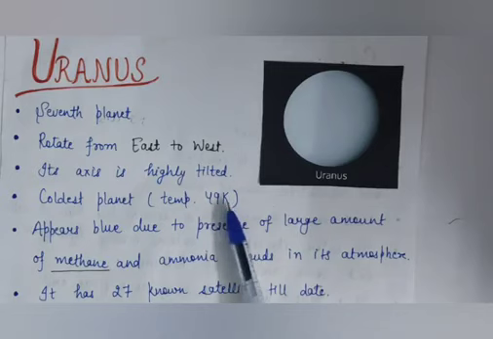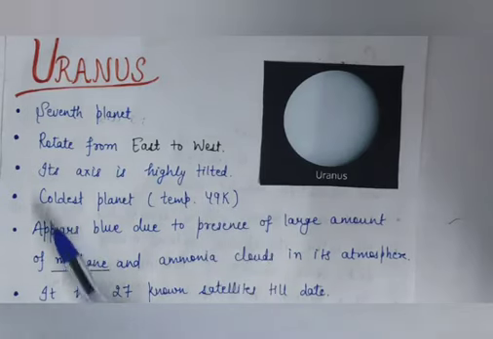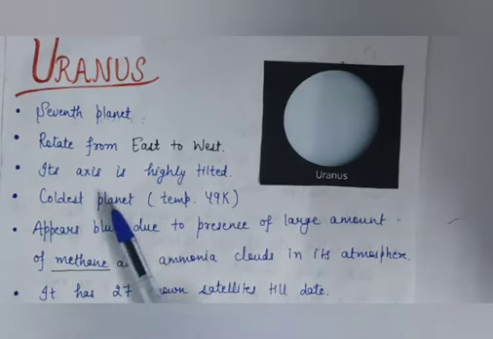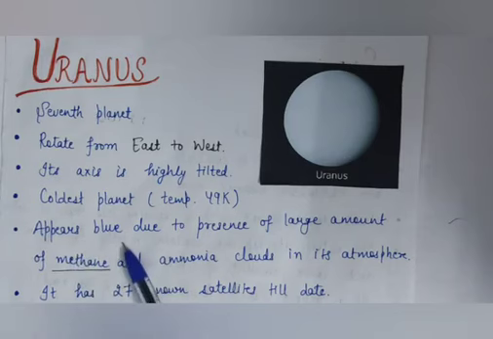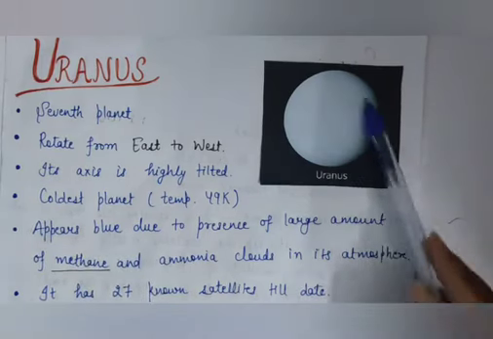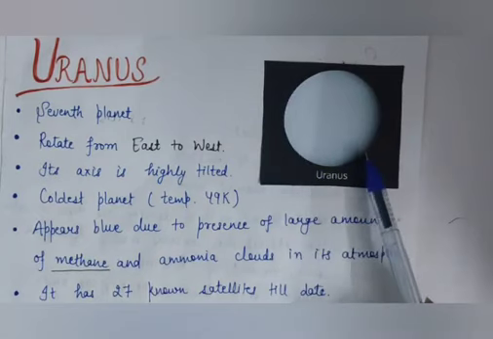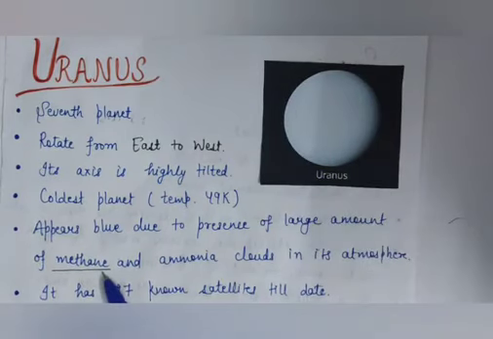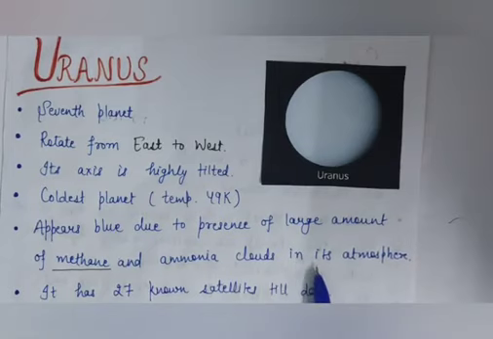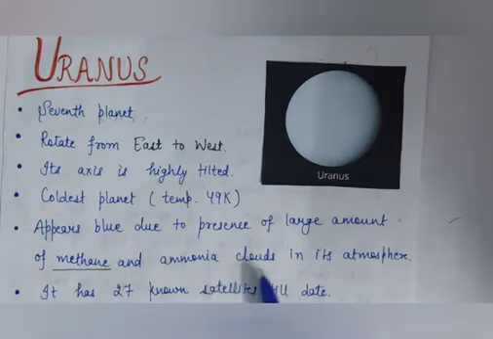That's why it is the coldest planet, and it appears blue. This is a picture of Uranus. It appears blue due to the presence of a large amount of methane and ammonia clouds in its atmosphere.